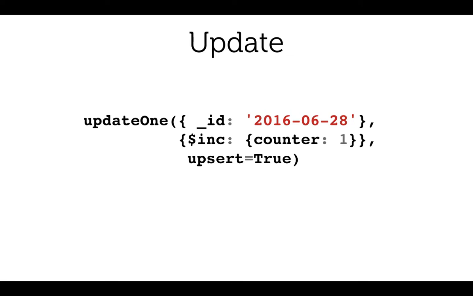And if this is the first time today that this update_one occurs, then it's going to create the document, so that's what that upsert=True means. And let's say that there are many threads or many processes that might all be doing this at once, so this needs to be concurrency safe. How do we make this operation resilient?